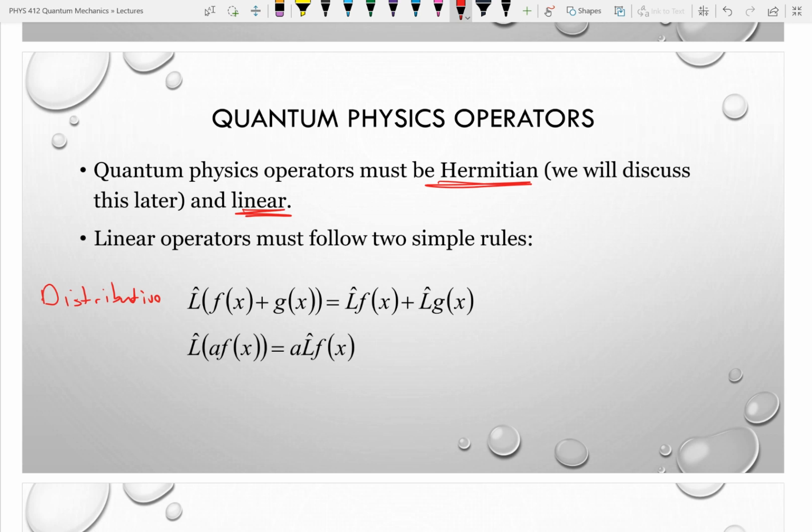You can find operators that violate that. And then the second one, the operator acting on a constant times a function must give me the constant times the operator acting on the function. And yeah, I can't remember the name for that one. It's probably commutative property, isn't it? But it's only commutative with constants.